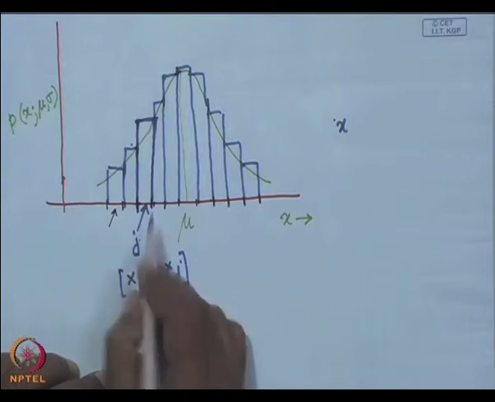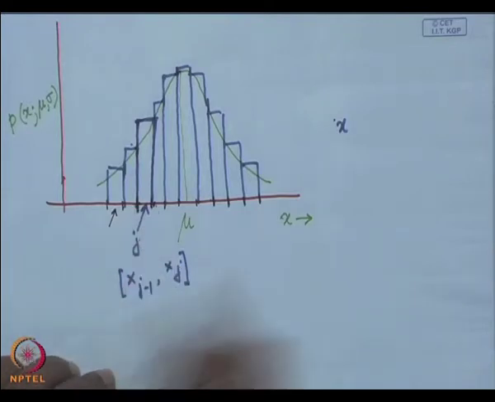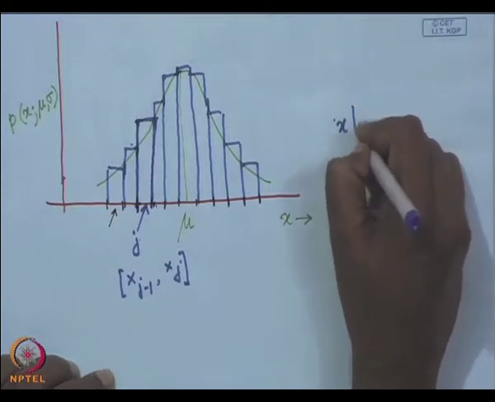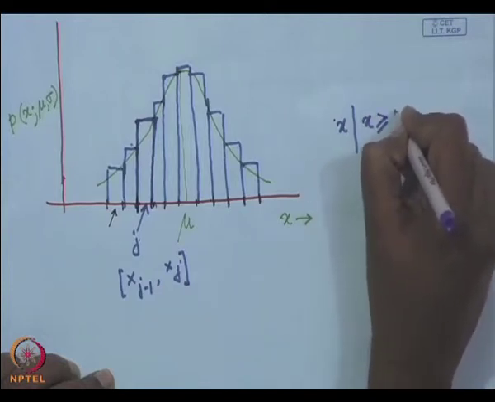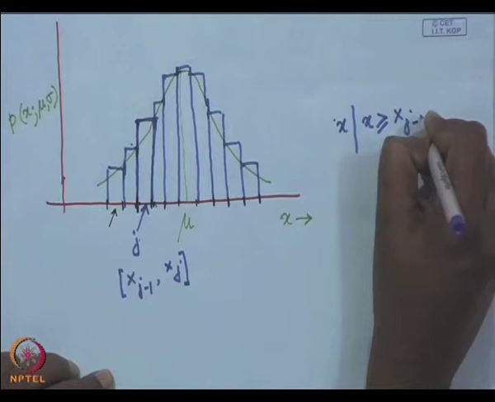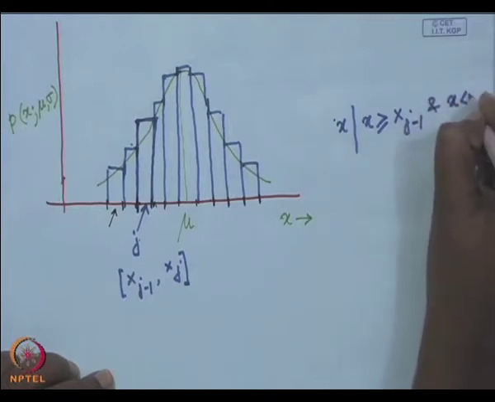These are the limits of this interval. So, all x where x is greater than or equal to x j minus 1 and x is less than x j.